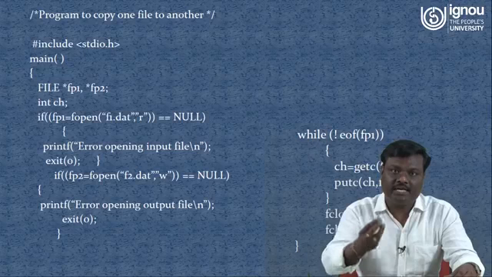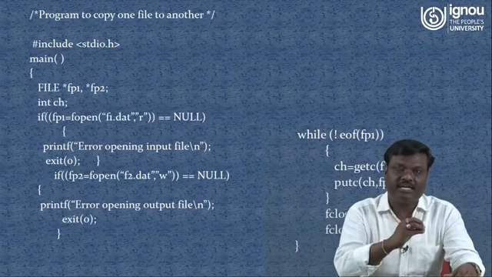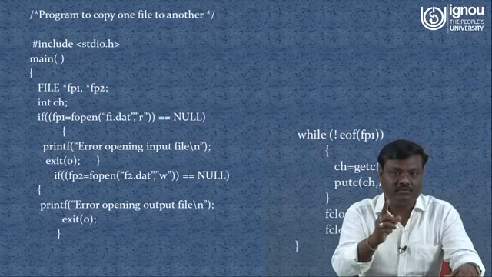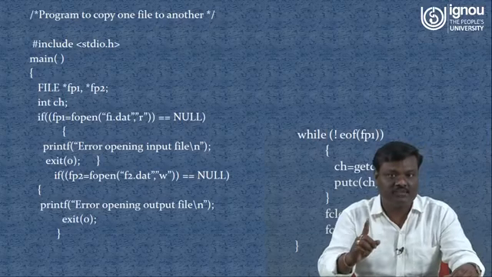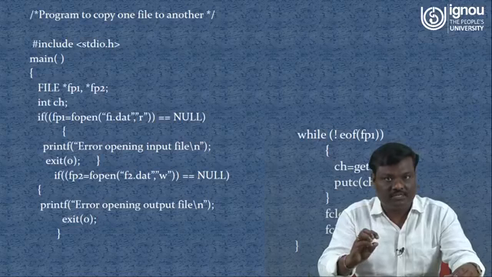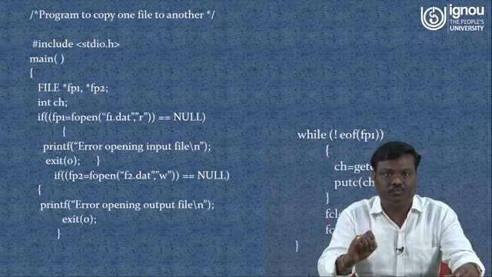We are getting character by character from file 1 and writing the same character by character in file 2. Please concentrate on the while statement: while ch is equal, we are capturing character by character using the function getc from file 1, and the next function writes the same character fetched from file 1 into file 2.